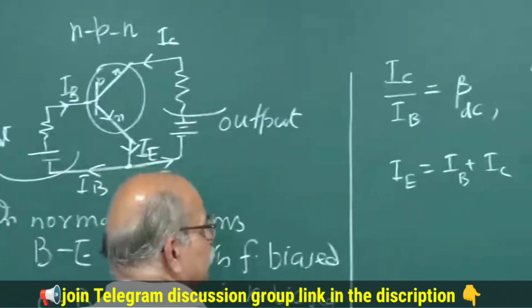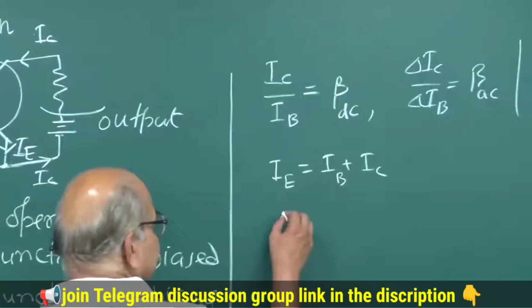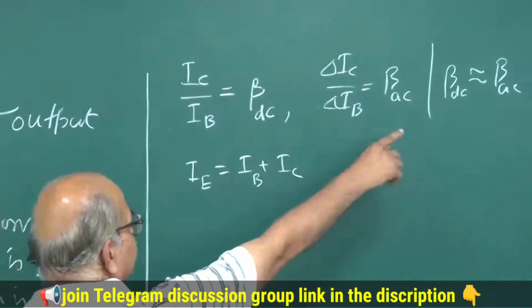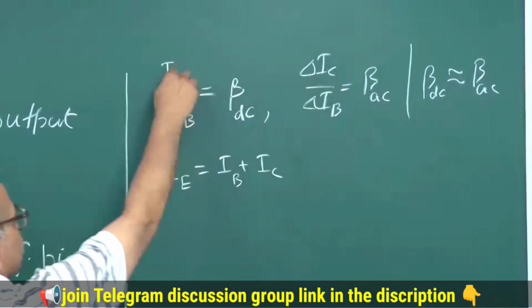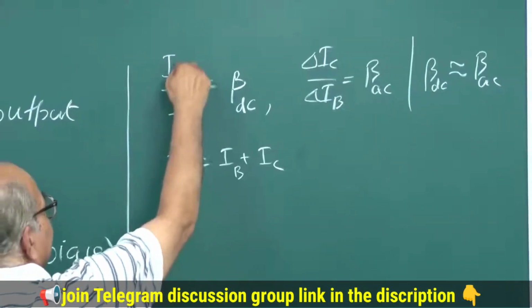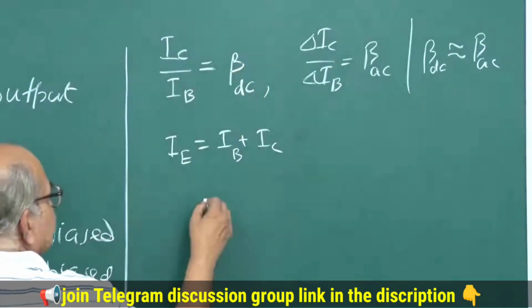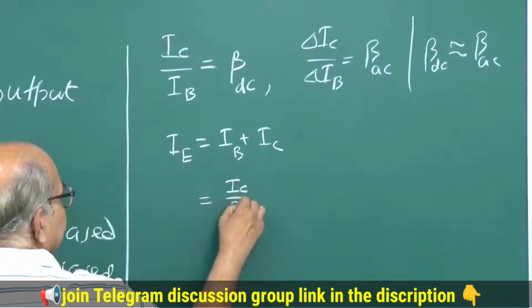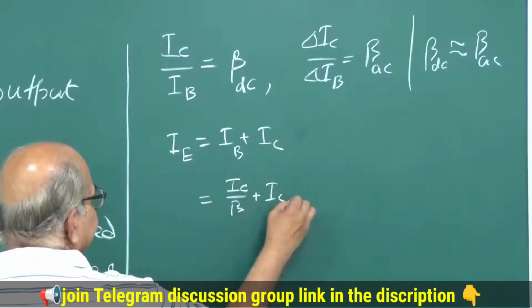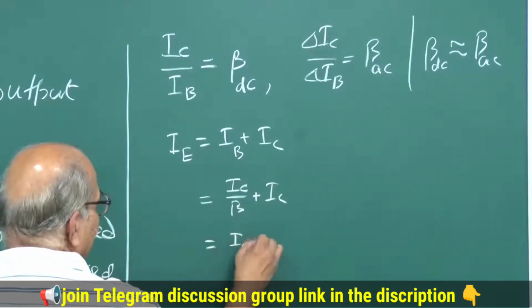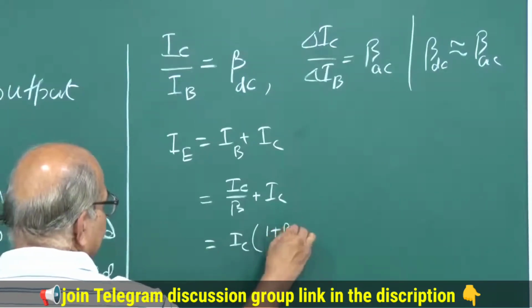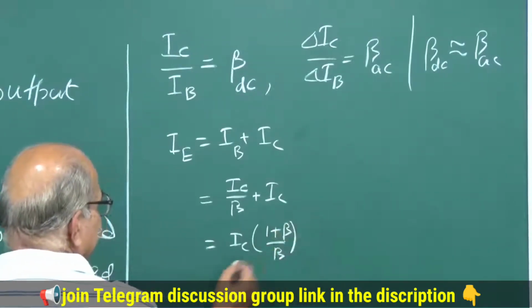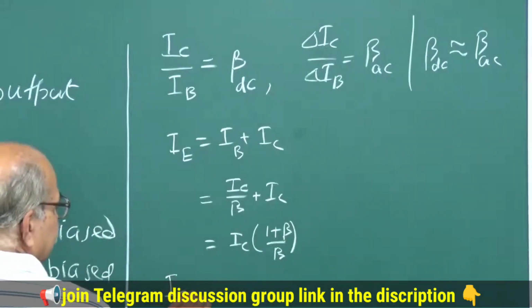And then for this IE, if you take this IB as IC divided by beta, so this will be IC divided by beta plus IC. So, it is IC common, 1 plus beta over beta, and hence you have IC over IE.